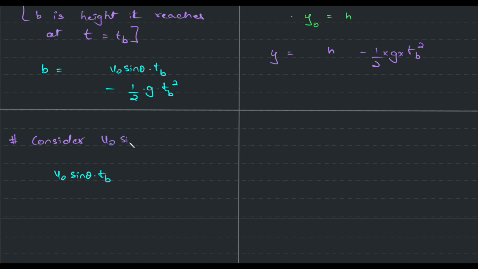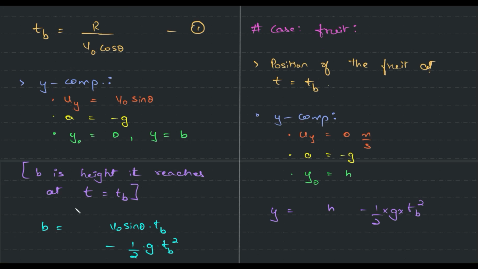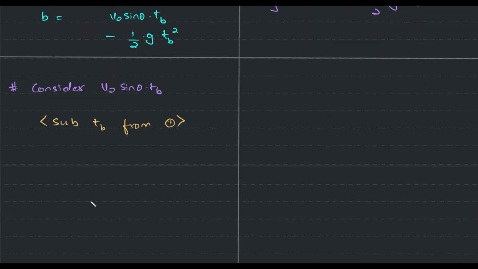V naught sine theta tb, and now I'm going to substitute tb from 1. tb from 1 is over here, r by v naught cos theta. So v naught sine theta divided by r by v naught cos theta. So v naught gets cancelled. So sine by cos is tan theta, if not it's wrong, into r.